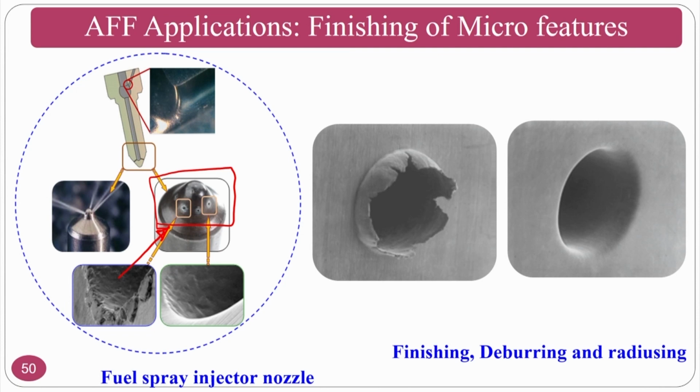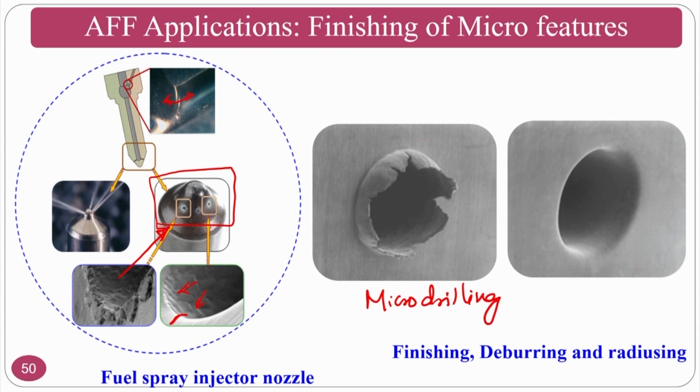The abrasive flow finishing process not only does the finishing of the surface, you can see here, it will also do the radiusing. Okay. At the junctions also it does the radiusing. What do you mean by radiusing and other things? This is a micro drilled surface. Okay.